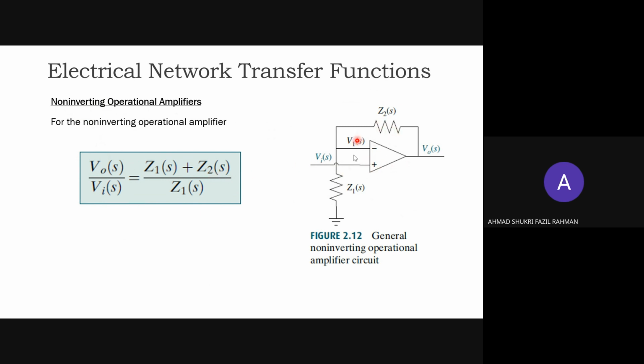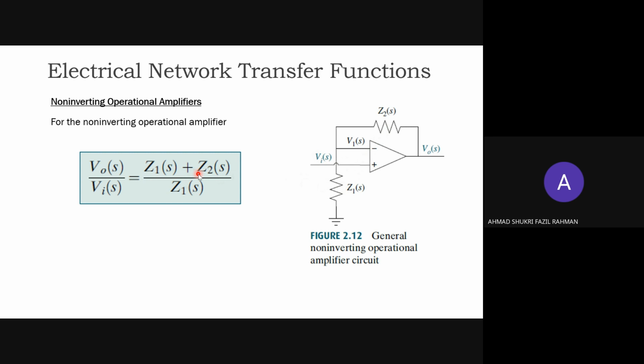So what happens if we have this type of configuration? The feedback is still the same, connected between output and the negative side of this op-amp. And then for the other connection, we have a capacitor and a resistor connected directly to the ground. For this combination, we obtain the transfer function given by the ratio of Z1 plus Z2 divided by Z1.